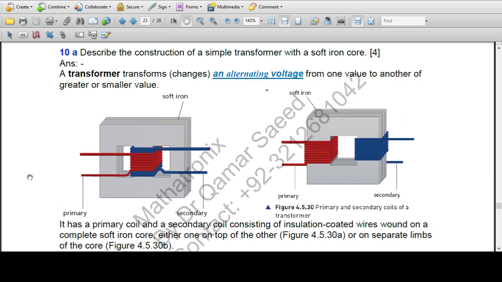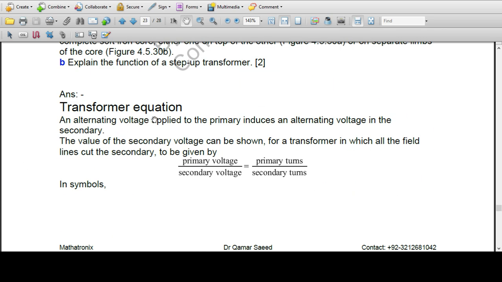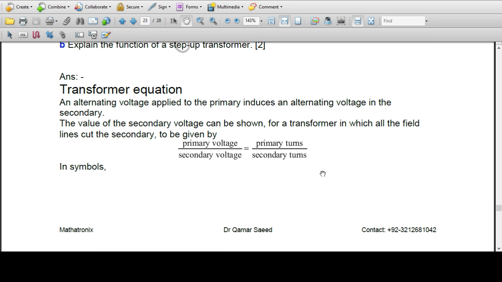If the number of turns is increased on the secondary side, the voltage is increased on the secondary side. If the number of turns on the secondary side is decreased, the voltage is decreased, and it is a step down transformer. The transformer equation relates primary voltage, secondary voltage, primary turns, and secondary turns.